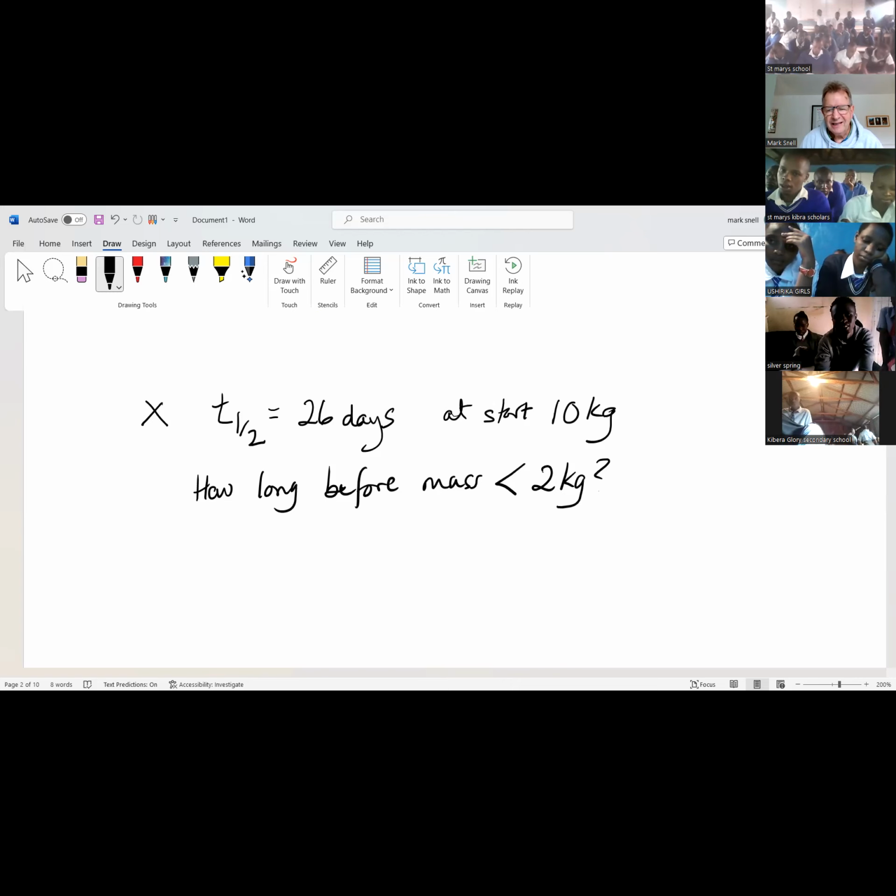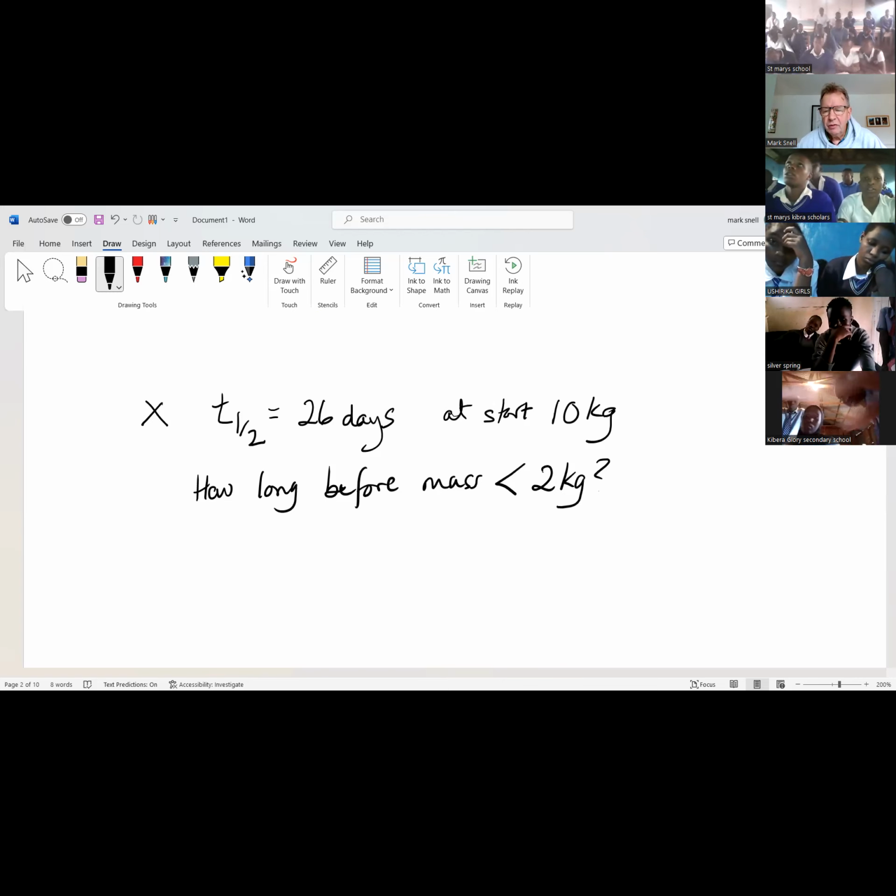It won't be an exact number of days. It will be more than such and such. In this case, it is not going to be an exact number of days because we haven't plotted it, but some of you may be able to do it very well.